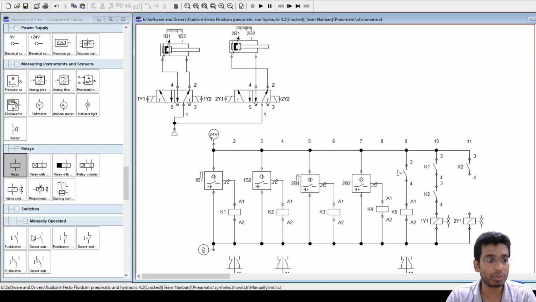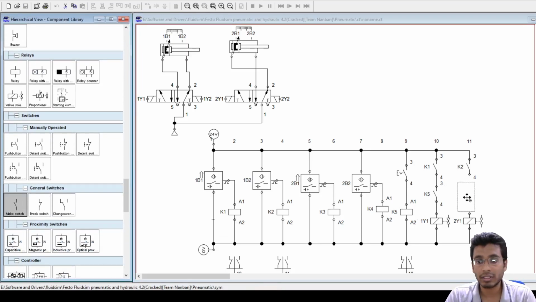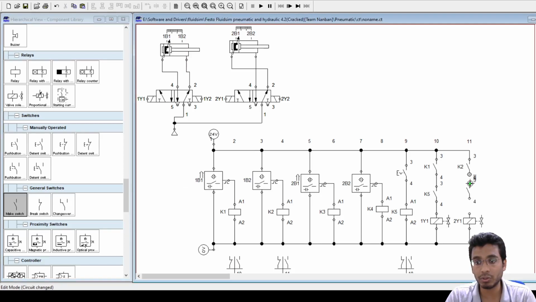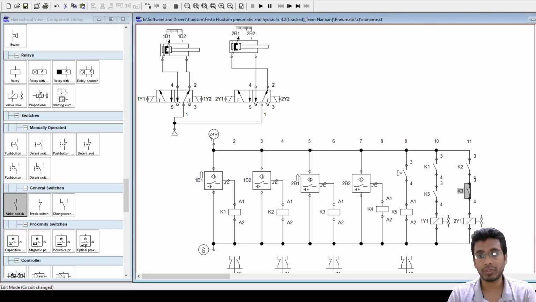So this is optional here. You can ensure that this circuit is executed with this K3 also. You can directly do with K2 also. So what I have done, I have included another open contact of relay K3. So with this my solenoid valve 2y1 gets actuated. Now after 2y1 gets actuated, my cylinder 2 will extend.